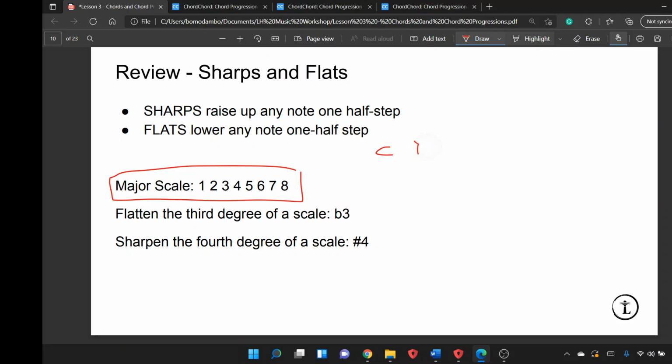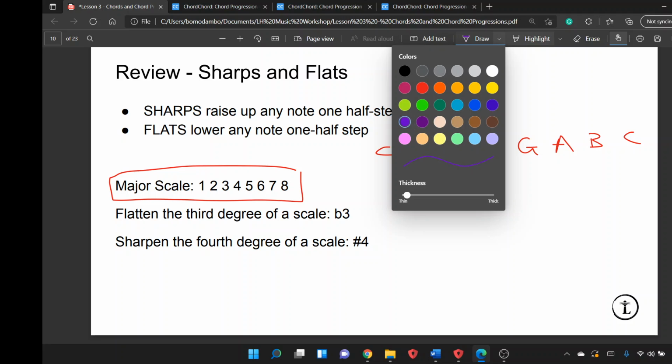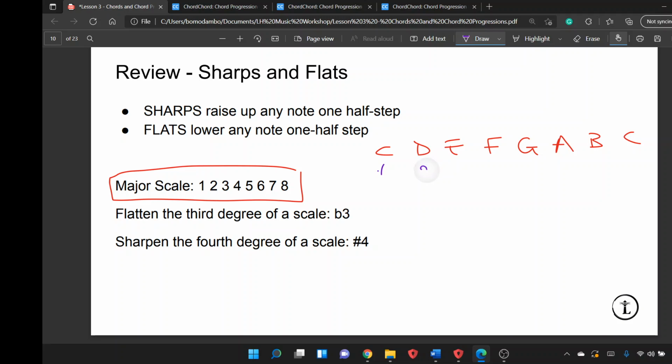So let's say this is C, again D, E, F, G, A, B, and then our octave C. Okay, so this is 1, 2, 3, 4, 5, 6, 7, 8, and someone asked to flatten the third degree.